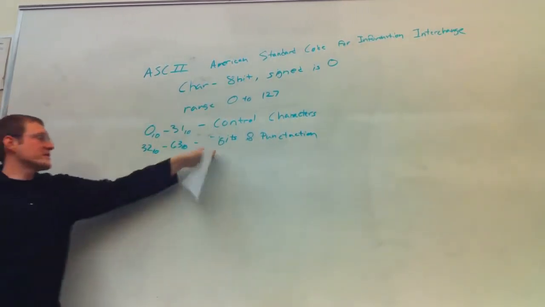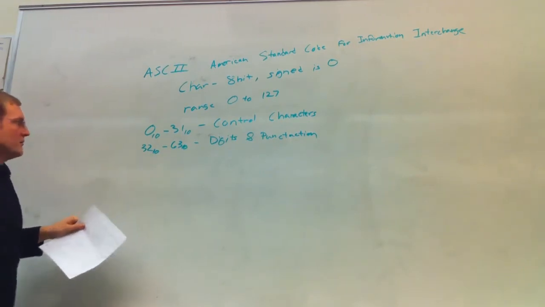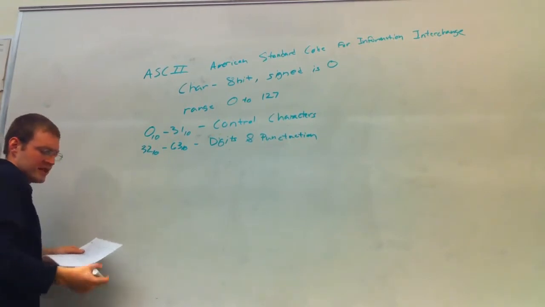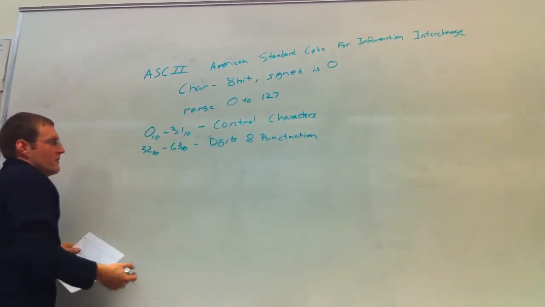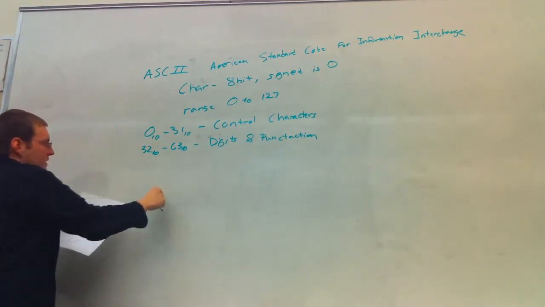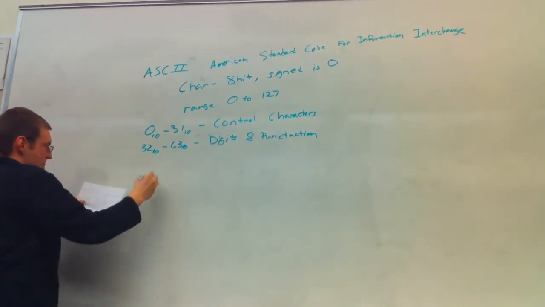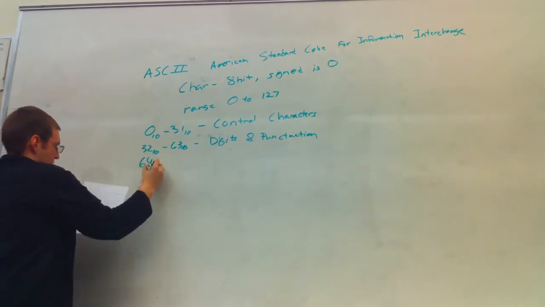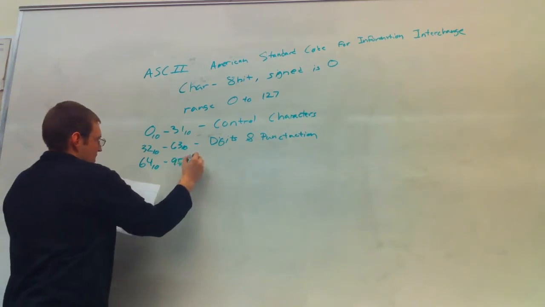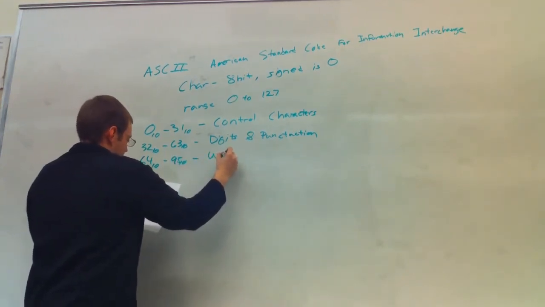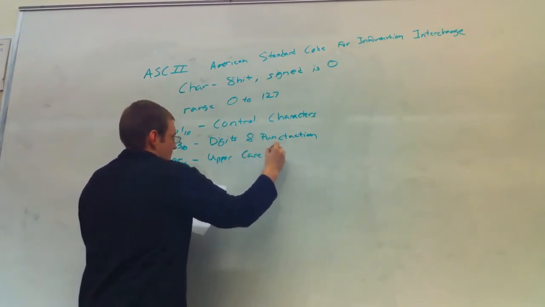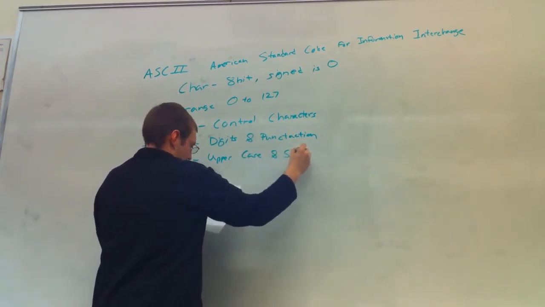So our digits 0 through 9, and question marks, less than signs, quotes, are all in the 32 through 63. 64 through 95 is uppercase and special characters.